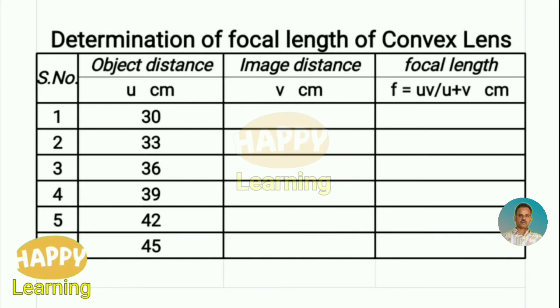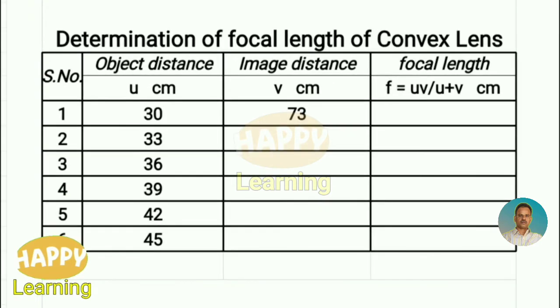So just now we have completed one part, that is for an object distance U equal to 30 centimeter, we got the image distance as 73 centimeters. So the value U equal to 30 centimeter, V equal to 73 centimeter is entered in the table in the first row, that is serial number 1.